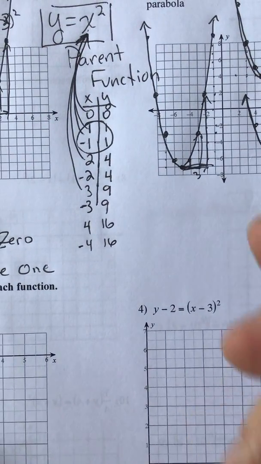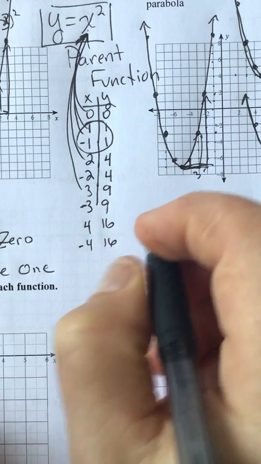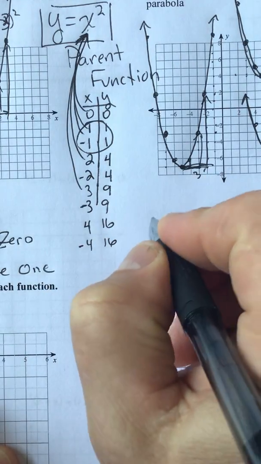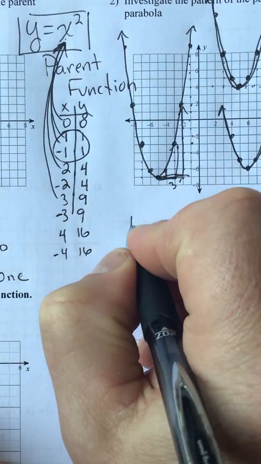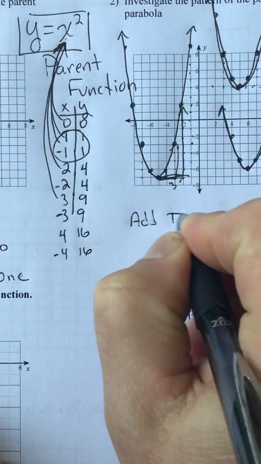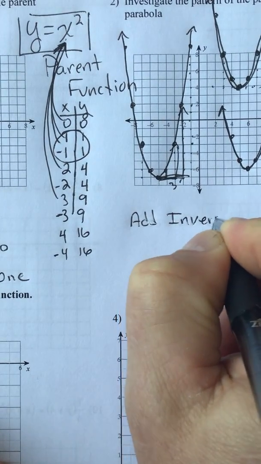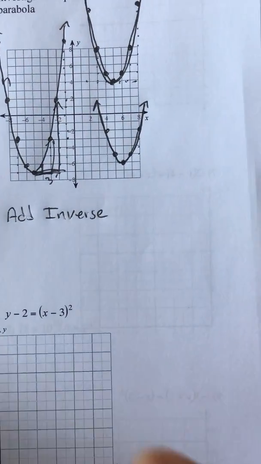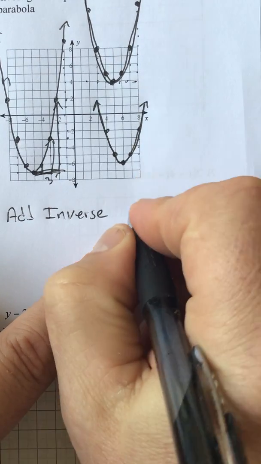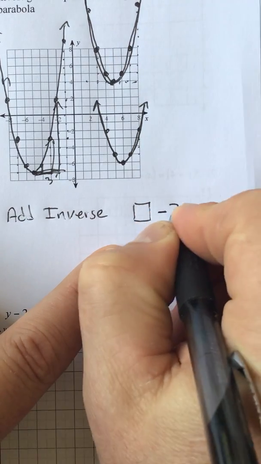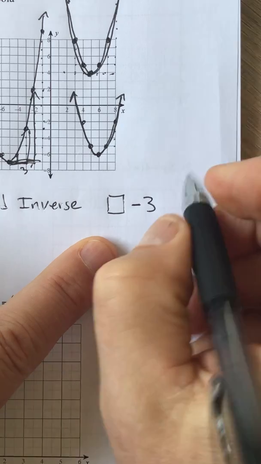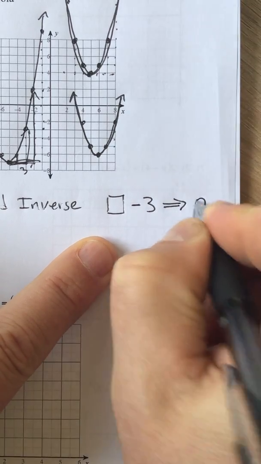Okay, so for additive inverse, I'll put some examples over here. If I have a missing thing and then I have a -3, we're trying to force 0.